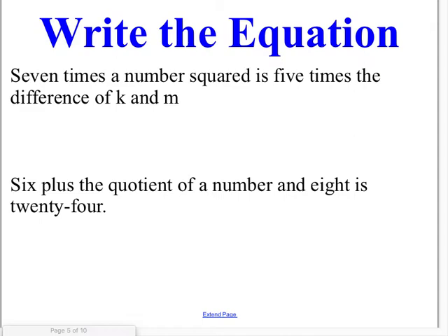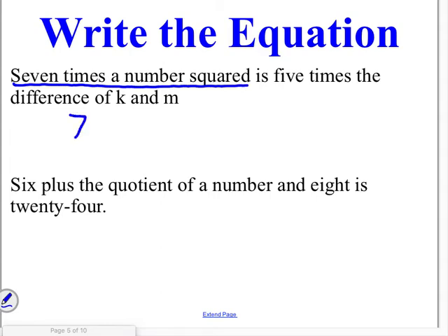Remember a few key things back from chapter 1. If you see the word difference or sum, those need to go in parentheses, and new to this chapter, the word "is" is going to tell us where the equal sign goes. So we're going to start off. We got 7 times a number squared.